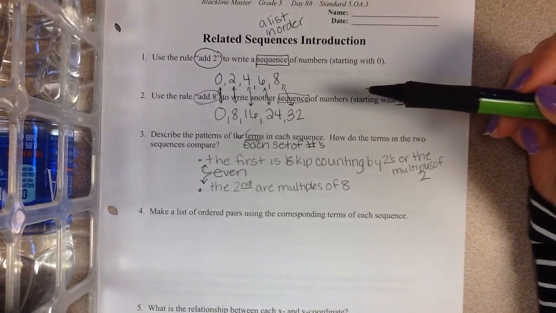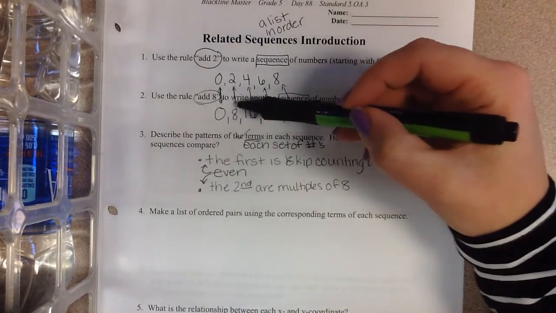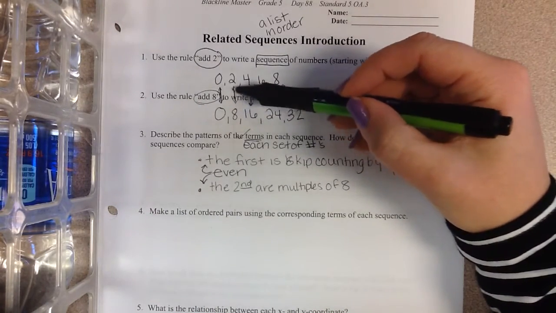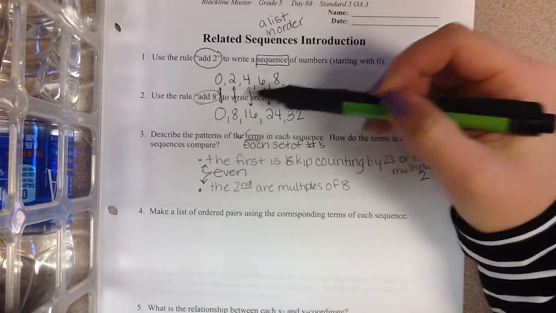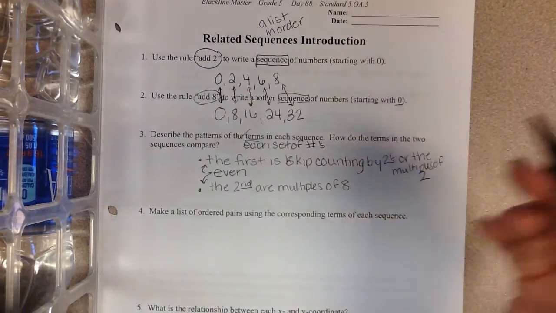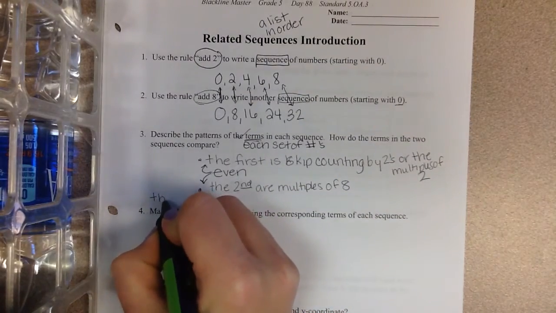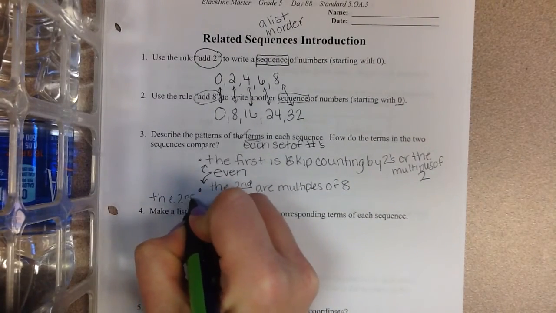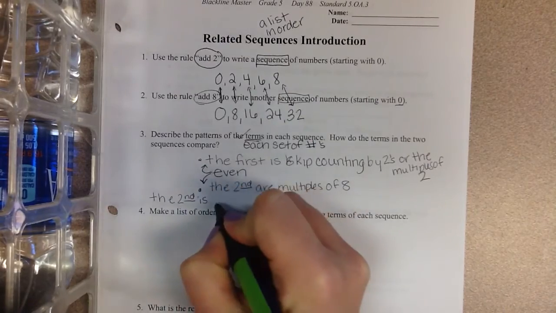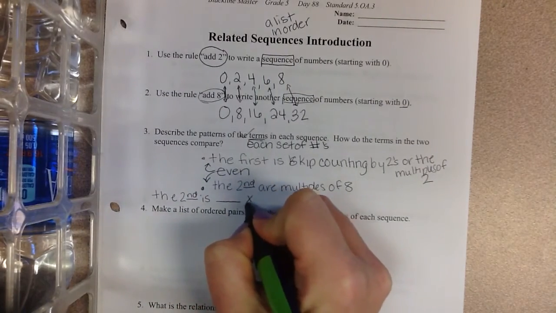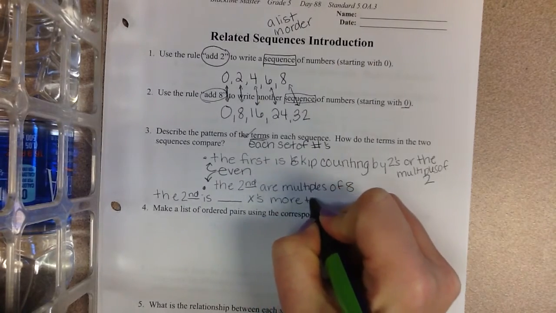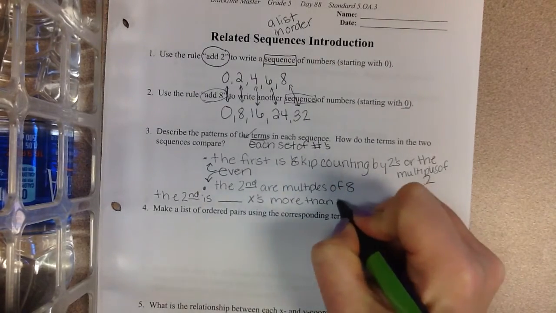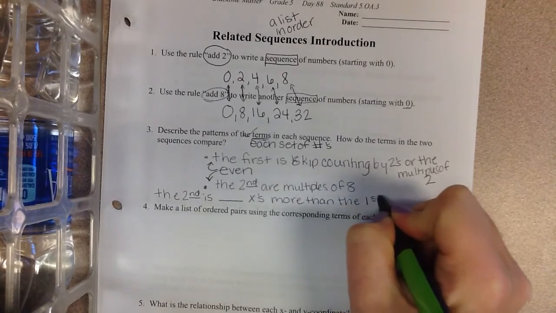I can't figure out the difference between them. Difference means subtraction. So what can I find instead? What is the quotient, or what's the divisor? Or what's the quotient between them? What do I do every time? What's the factor? So I could say the second is how many times more than the first?